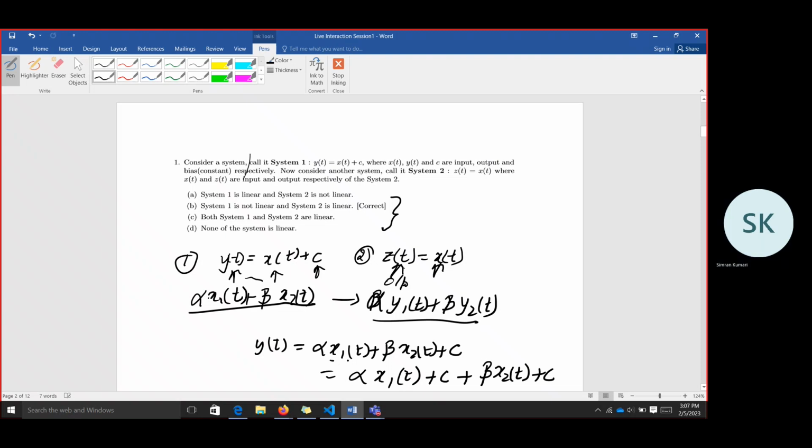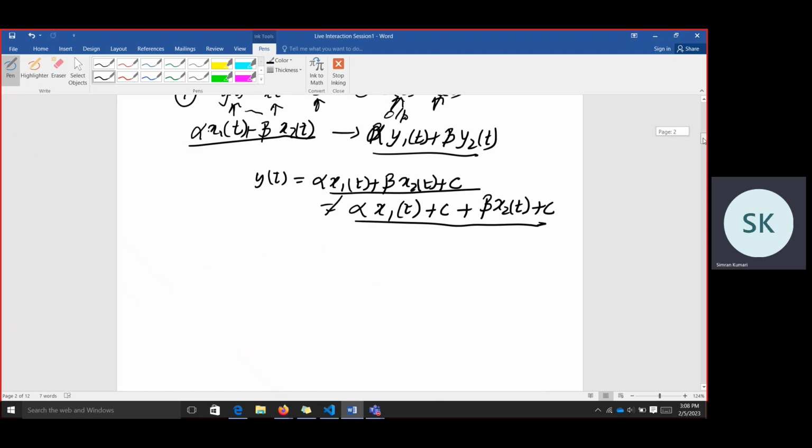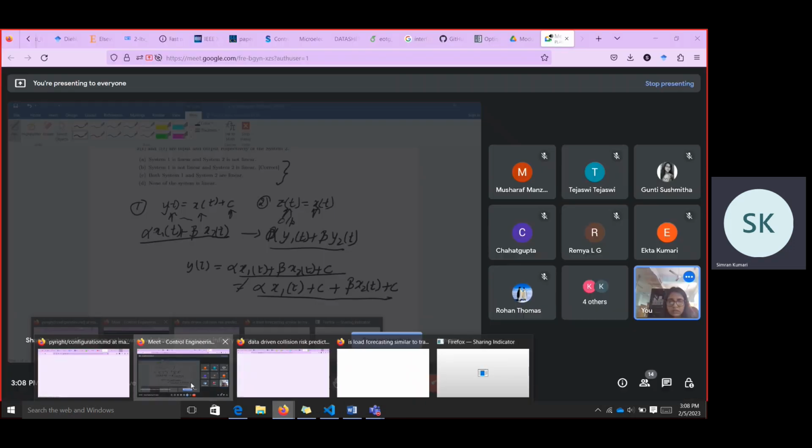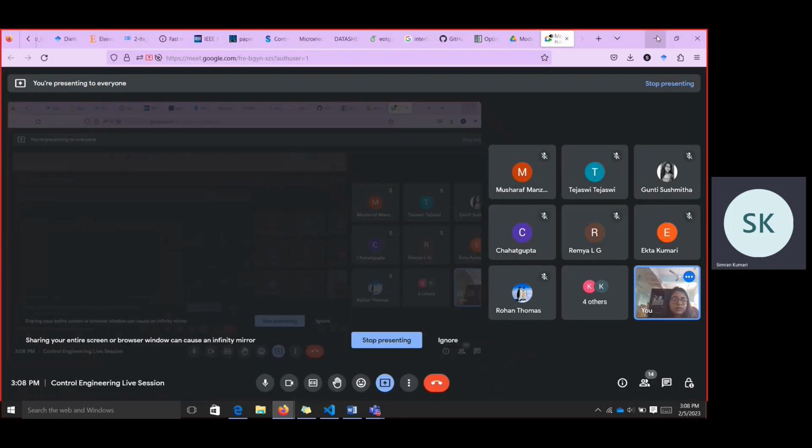So this one is definitely not equal to this one. Therefore, we'll say that this is not a linear system. It is also not a non-linear system. This one is an affine system because of the bias.